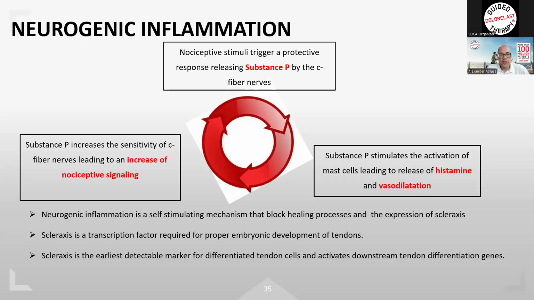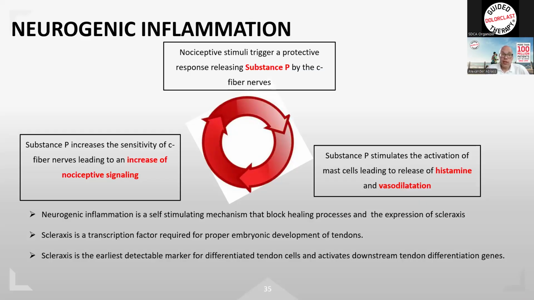We know that substance P increases the sensitivity of C nerve fibers, leading to an increase of nociceptive signaling, so pain. This pain stimulus triggers a protective response, releasing more substance P by the C nerve fibers. And this substance P stimulates the activation of mast cells, leading to a release of histamine and vasodilatation, so neurogenic inflammation. This neurogenic inflammation is increasing the sensitivity of C nerve fibers again. So we have a self-stimulating mechanism.